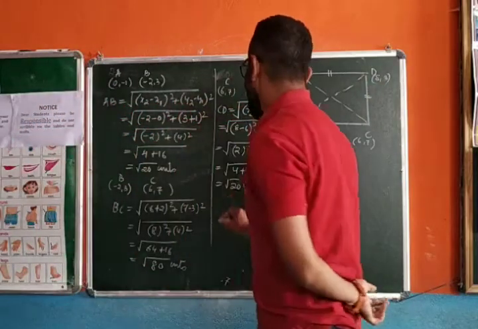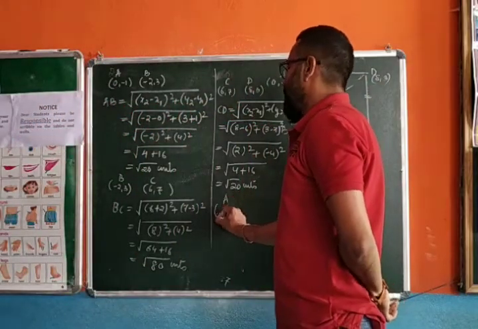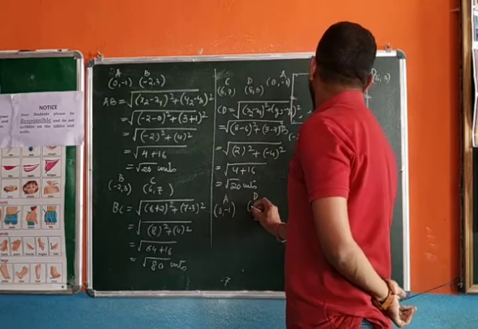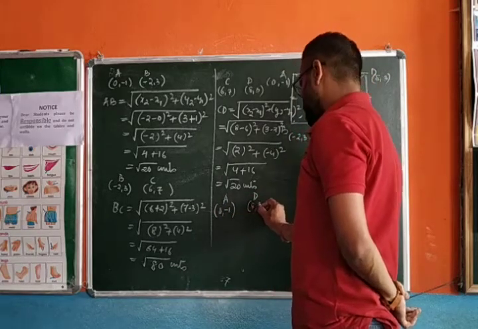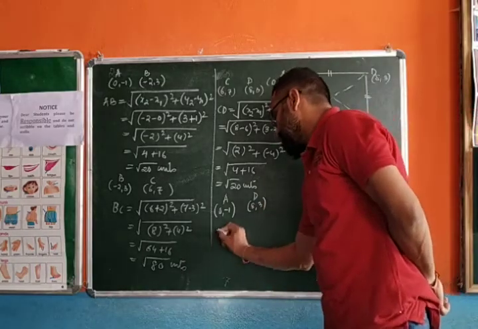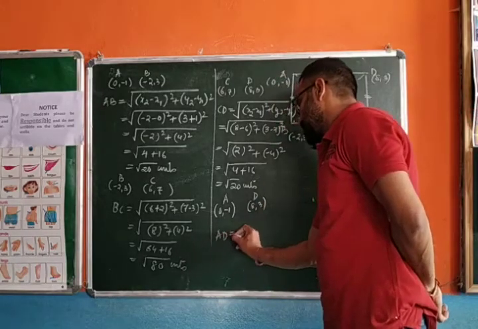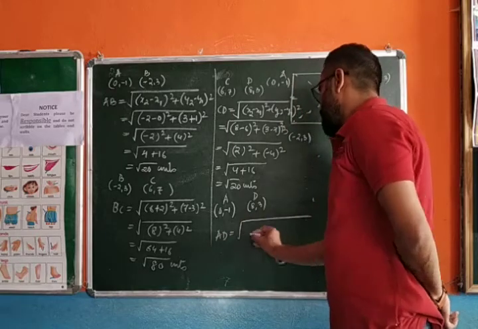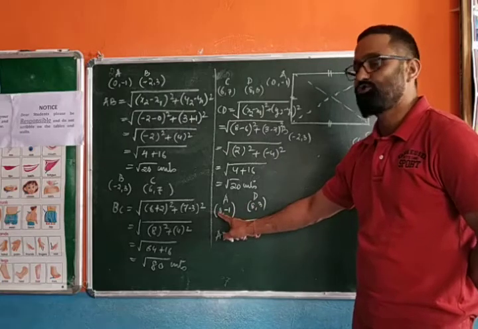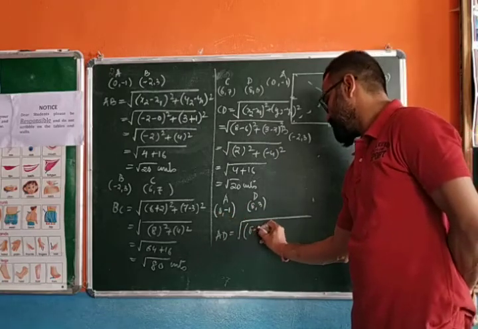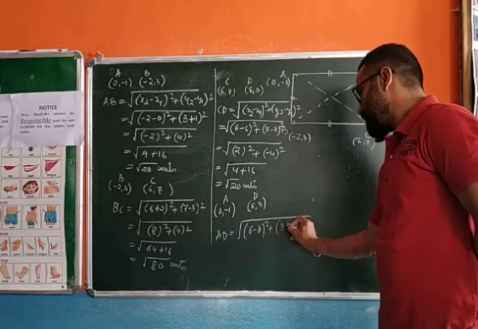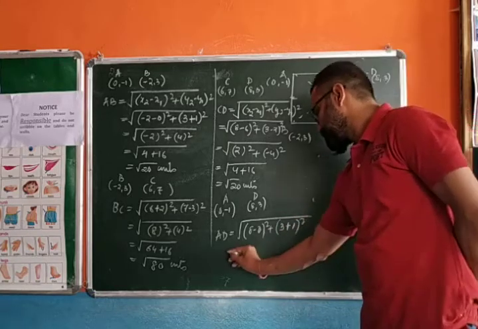Now we calculate AD. A has coordinate (0, -1). D has coordinate (8, 3). Simplify it now. AD equals root, direct calculation. First two values you subtract: 8 minus 0 whole square plus 3 minus -1, which is 4 square.